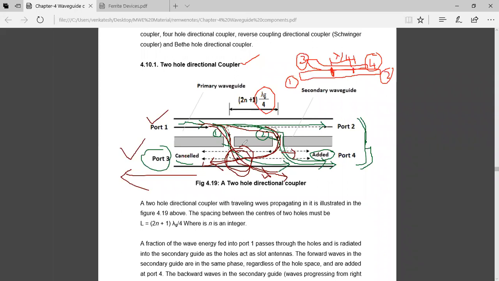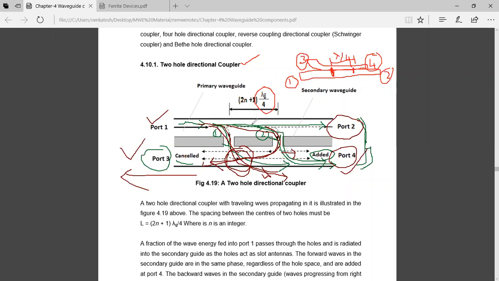Simply, port 1 is considered as the input port. We'll get output at port 2, since we have a direct path from port 1 to port 2, and we'll also get output at port 4, because of the energy leaking out from hole 1 and hole 2. Those two get added up over here, and we get the output at port 4.